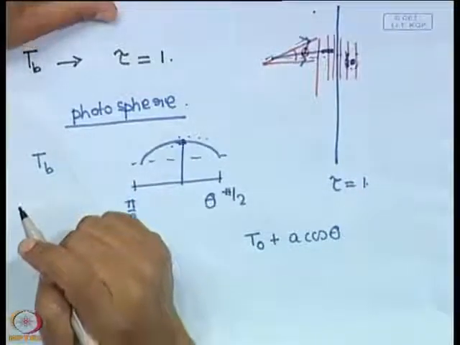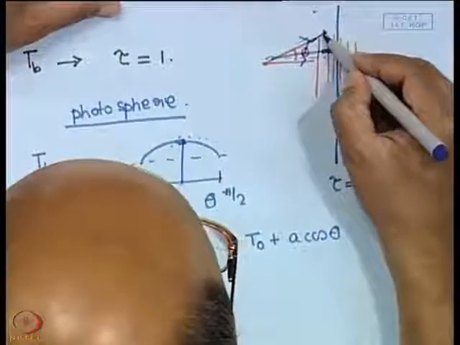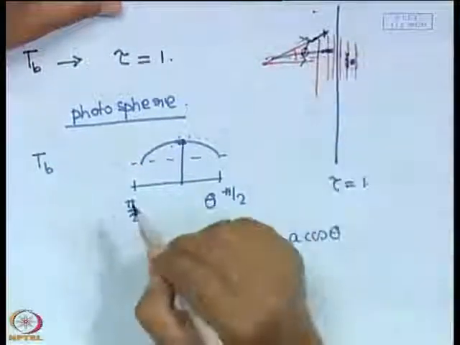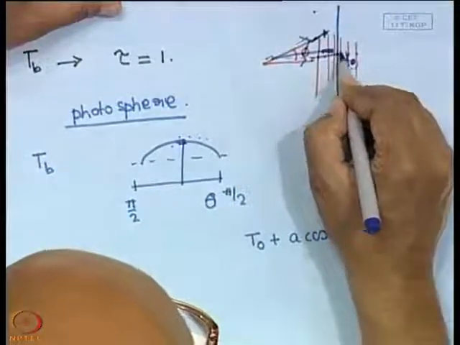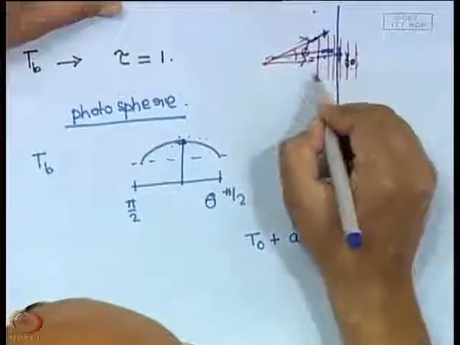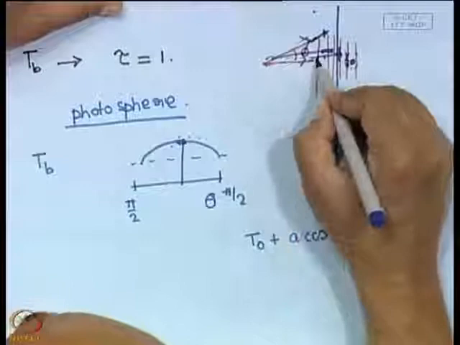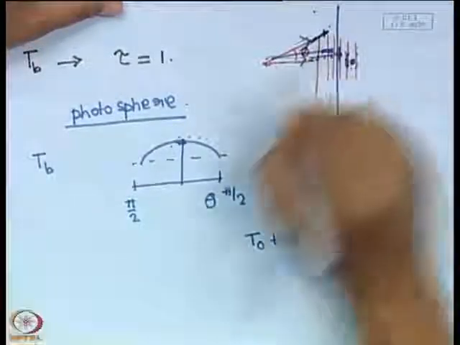That is so because optical depth 1 is reached at a much shallower place, whereas here you are going straight in, so optical depth 1 is reached much deeper. And since the temperature increases inside, if you look straight in, you are looking at a much hotter part. If you look at an angle, you are looking at a cooler part.